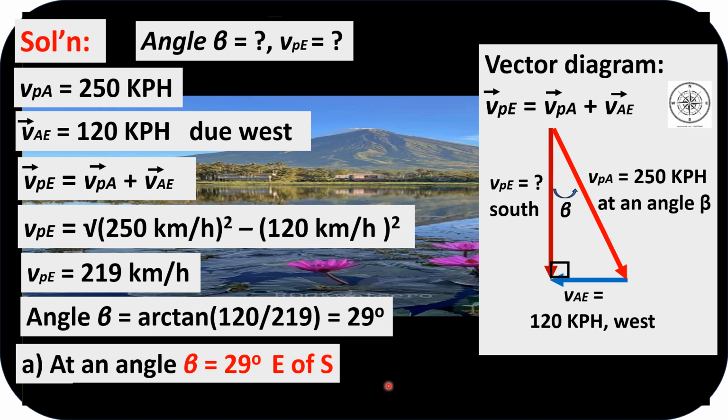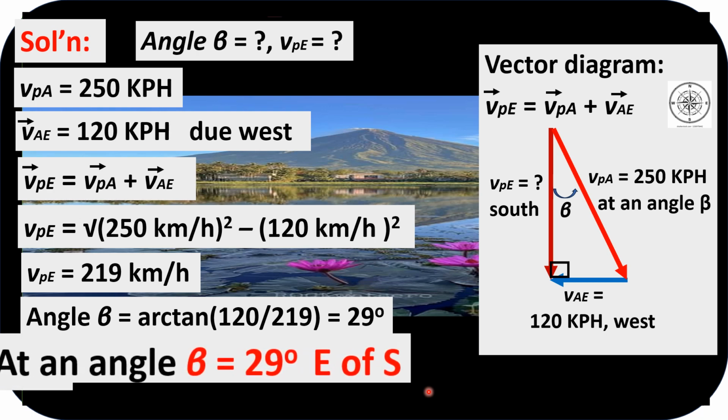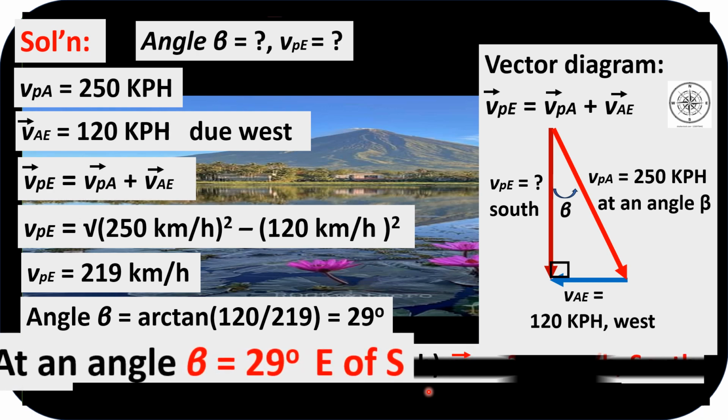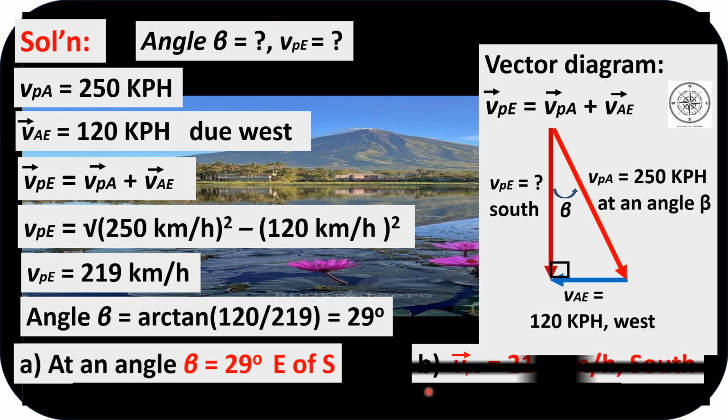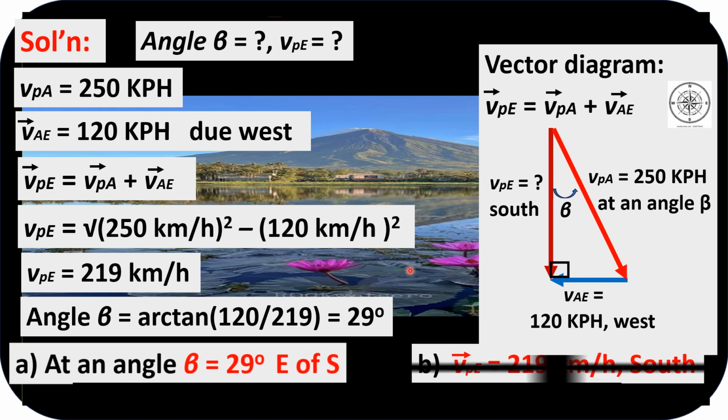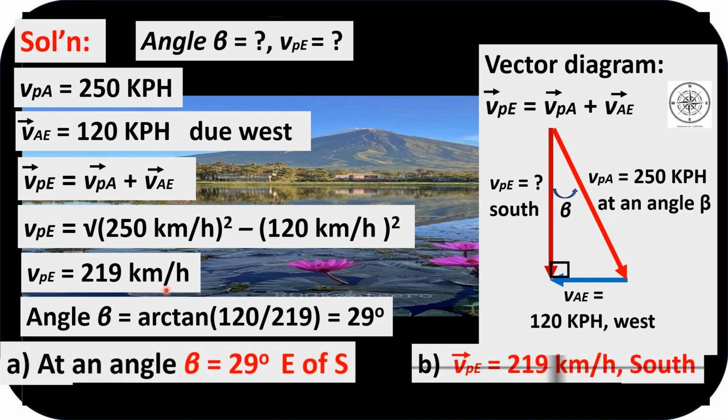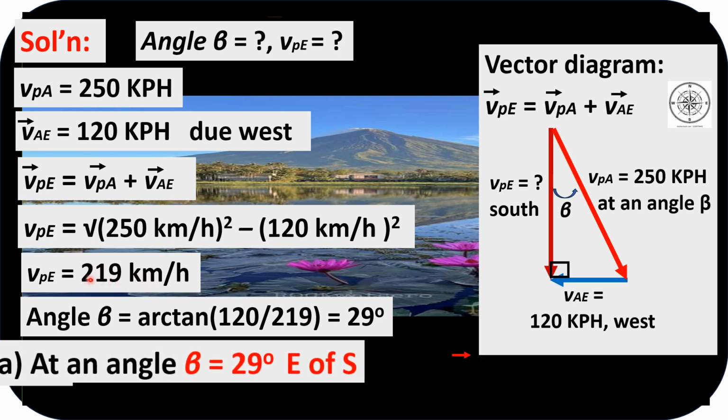And of course, our answer to question letter B, what is the magnitude of the ground speed, which you already have determined to be 219 kilometers per hour.